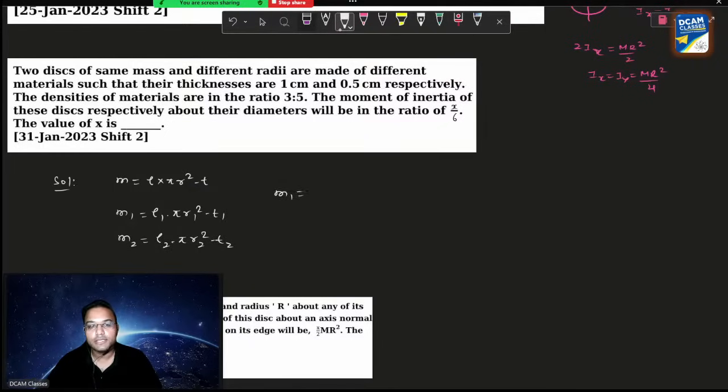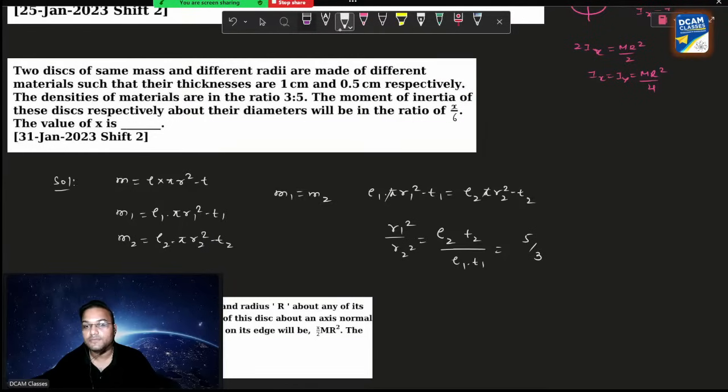Now masses are same, m1 is equal to m2, so rho 1 pi r1 square t1 is equal to rho 2 pi r2 square t2. Pi will get cancelled and r1 square by r2 square will be equal to rho 2 t2 divided by rho 1 t1. Rho 2 by rho 1 is 5/3 and t2 by t1 is 0.5 by 1, which is 1 by 2. So it's 5/6. That's why your answer is 5.